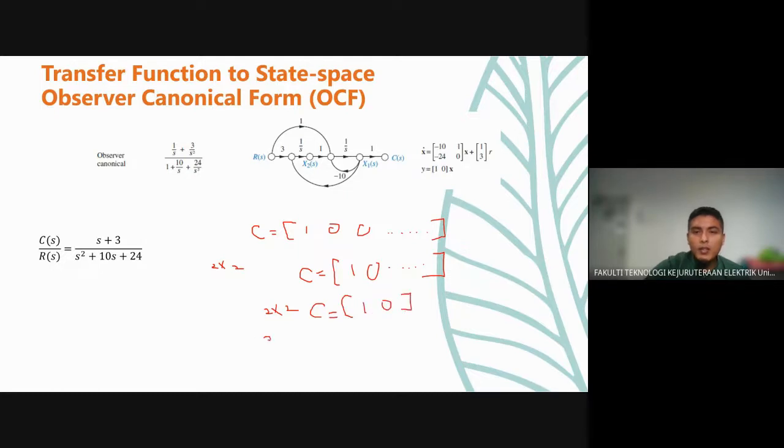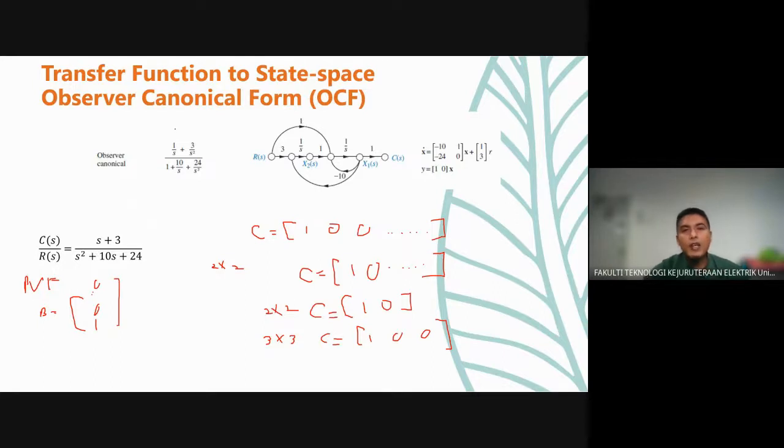If you have a 3 by 3 matrix of A, your C will be 1 0 0. So it means that according to the CCF, the B matrix pattern is 1, the rest will be 0.